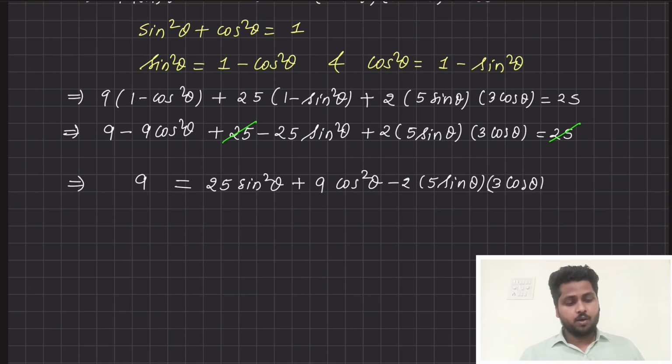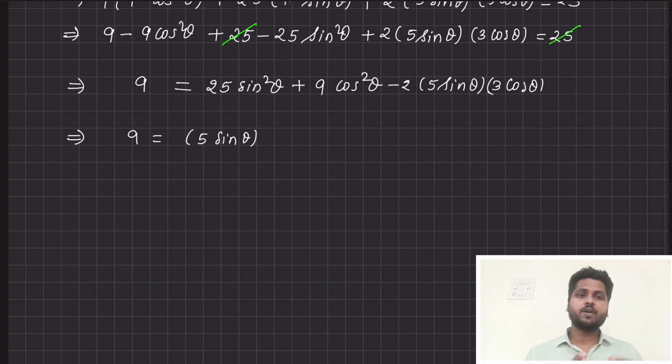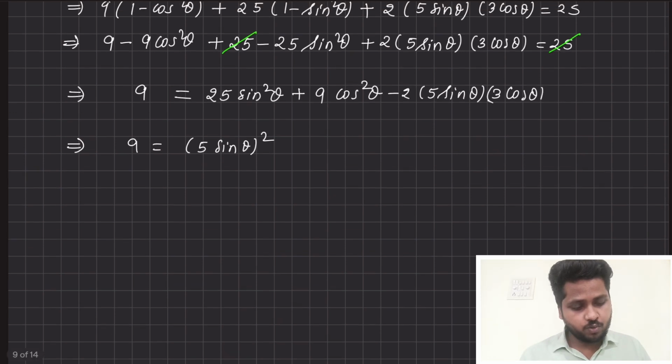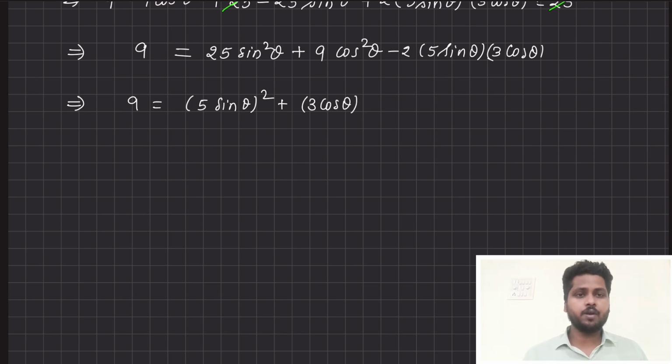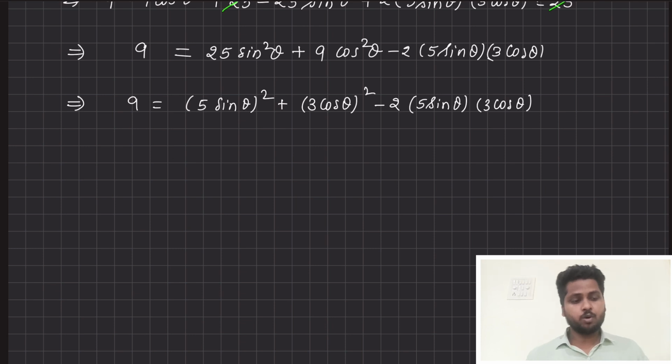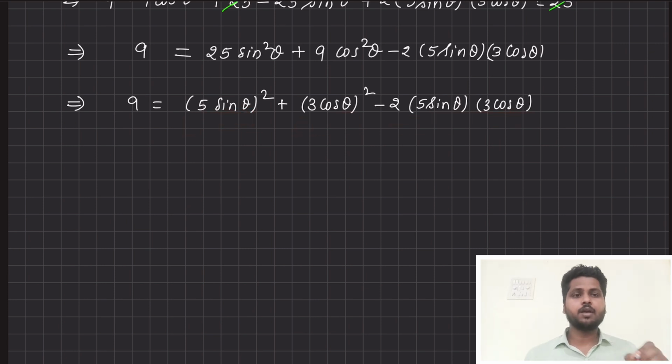Okay, my dear student, here 25 sin square theta can be written as 5 times sine theta whole square, and 9 cos square theta will be the same as 3 cos theta whole square. Then minus 2 times 5 sine theta into 3 cos theta. You can observe it is nothing but a square plus b square minus 2ab, so it can be written as a minus b whole square.